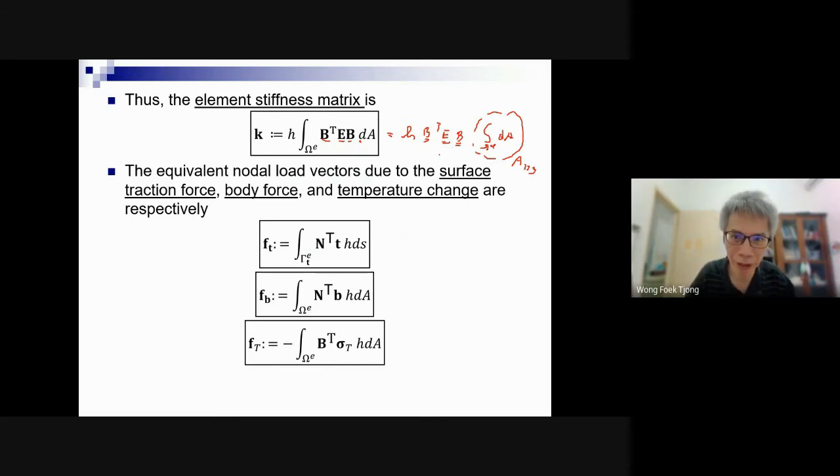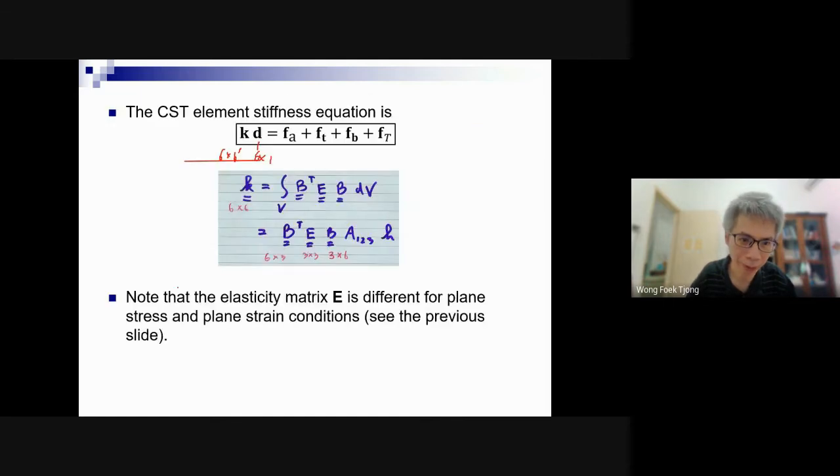For CST it is very easy, no integration needed. We can write this one as this one. And it can be shown that this is 6 by 6 because, as you know, B is 3 by 6, E is 3 by 3, B transpose is 6 by 3, so the product becomes 6 by 6. The volume of the element is a scalar.